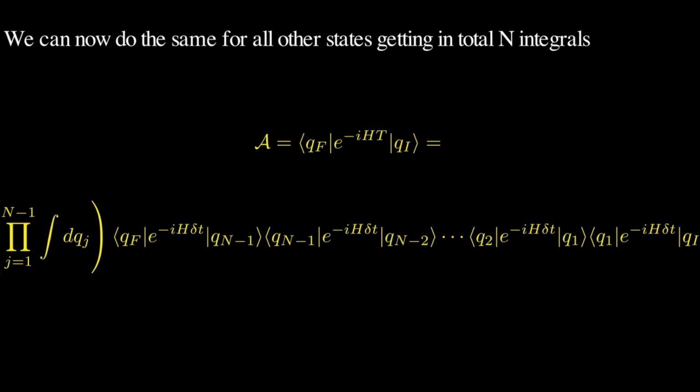But we also see now that we end up with the concept of summing over paths, because now we are integrating over all our coordinates from j equal 1 to n minus 1, and we are basically summing over paths. But we have a very hard to understand expression of the product of all these unitary operators, or the bra and ket of the unitary operators.